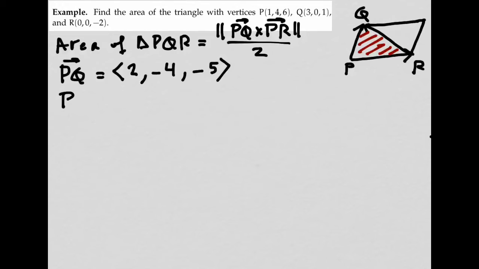Vector PR is obtained by subtracting the components of P from the components of R. That's 0 minus 1, which is negative 1. 0 minus 4, which is negative 4. And minus 2 minus 6, which is minus 8. Now let's compute the cross product PQ cross PR.